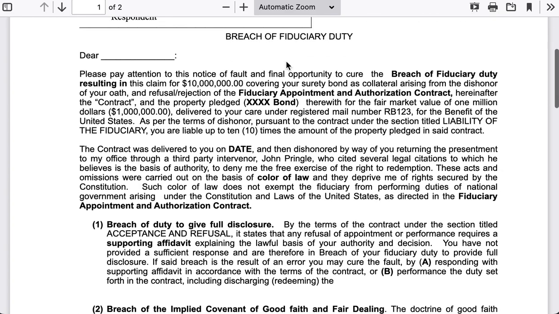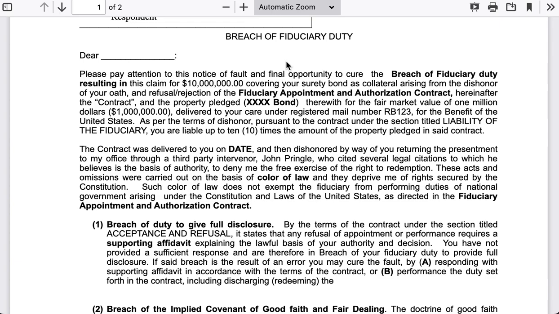So let's read through it real quick. I'm going to start from the beginning one more time. We have time. Please pay attention to this notice of fault and final opportunity to cure the breach of fiduciary duty resulting in this claim for $10 million covering your surety bond as collateral arising from the dishonor of your oath and refusal/rejection of the fiduciary appointment and authorization contract, hereinafter contract, and the property pledged therewith for the fair market value of $1 million.